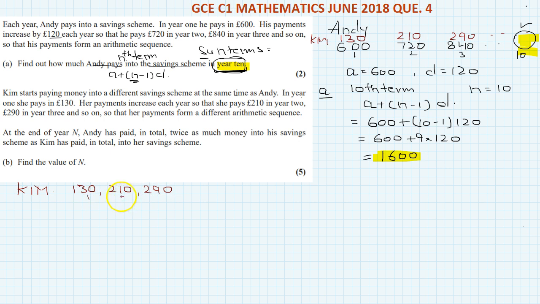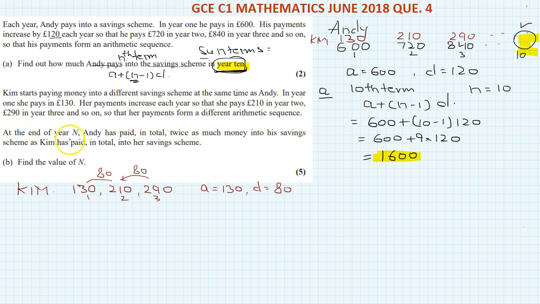This is the first year, second year, third year. And the difference is 80, since 290 minus 210 is 80. So here a is equal to 130 and the common difference is 80, so that her payments form an arithmetic sequence.